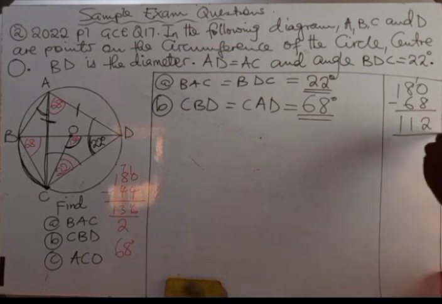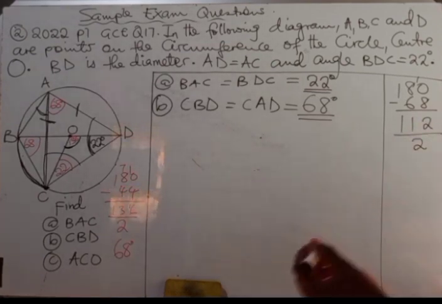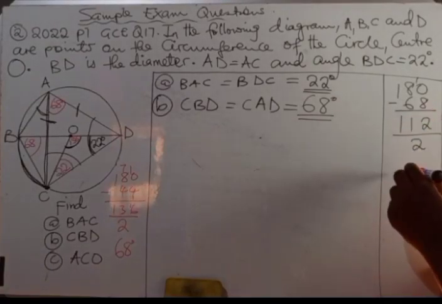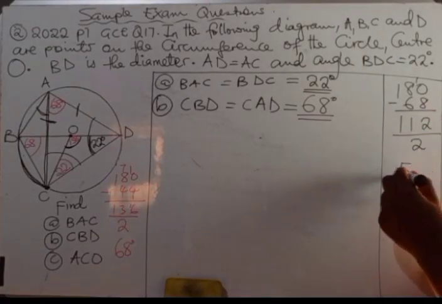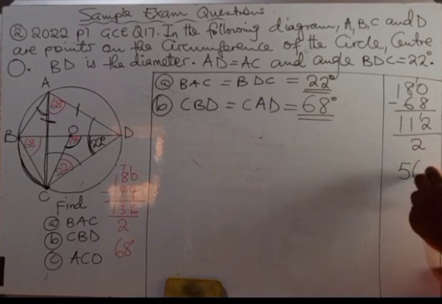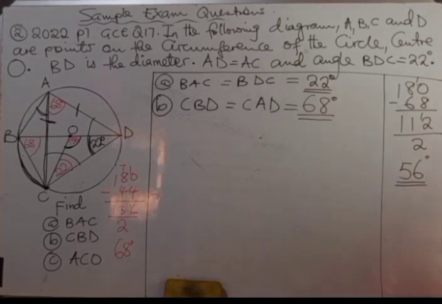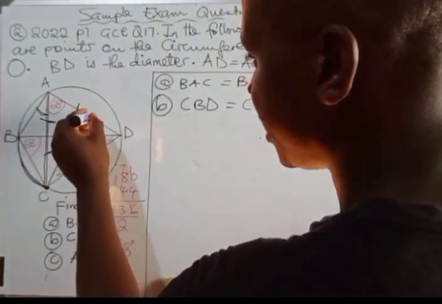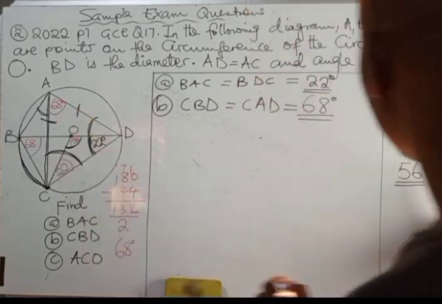Now 112 divided by 2, because these two are equal, gives 56. So 56 is this angle, and 56 is also this angle.